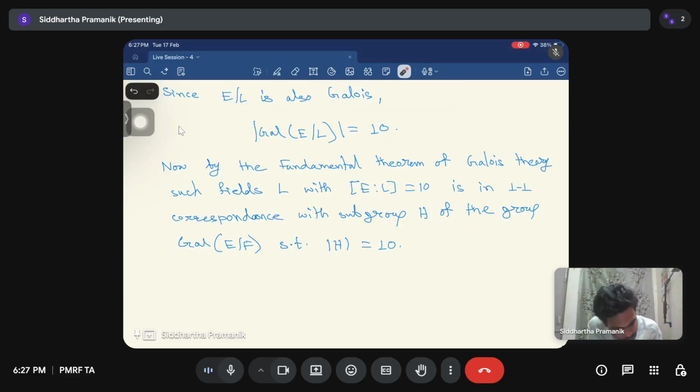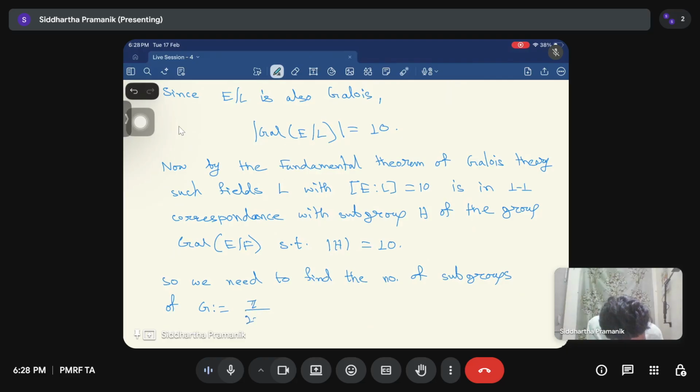So now the problem reduces to a group theory problem. We need to find the number of subgroups of the group G, which is the Galois group Z mod 20Z cross Z mod 2Z, of order 10.